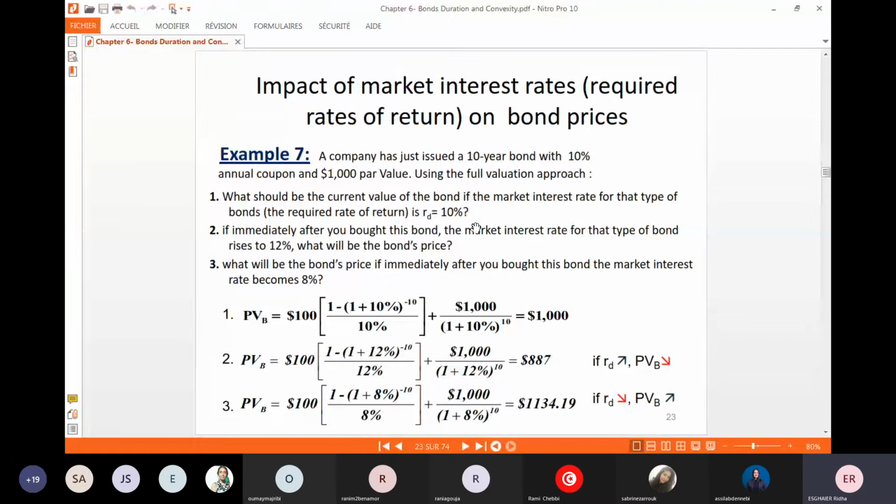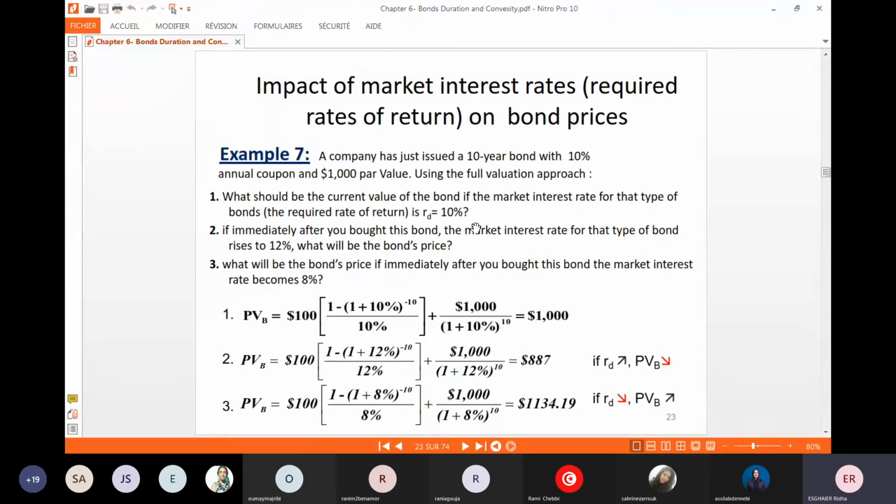If the required rate of return is 10% والbond pays 10% coupon, what will be the value of the bond? Of course it is a par value bond because RD is equal to I, coupon rate will be the yield to maturity, donc the value of the bond will be 1,000.